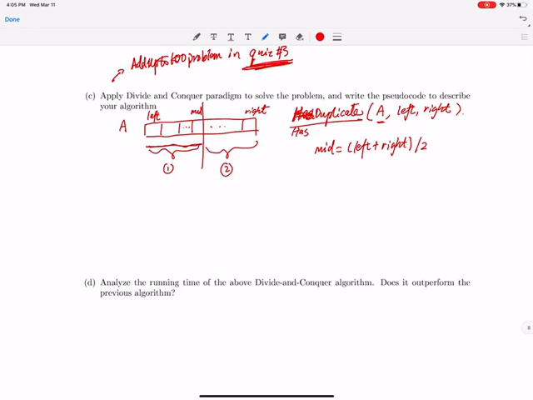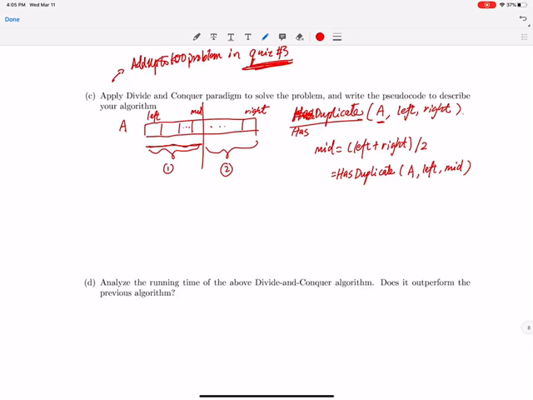So how do you do that? That's done by making a recursive call, hasDuplicate, but since I'm only looking at the first half, the range of the index is from left to mid.